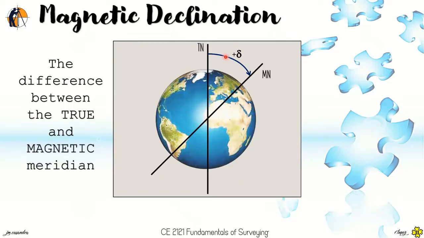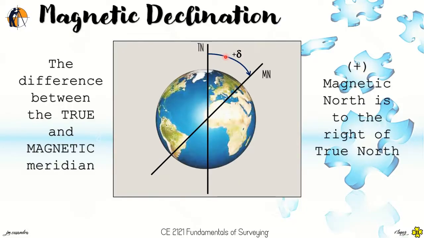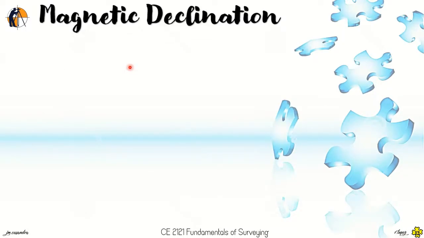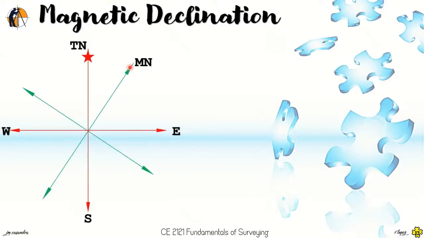So a positive magnetic declination means that our magnetic north is on the right side or on the east side of your true north.